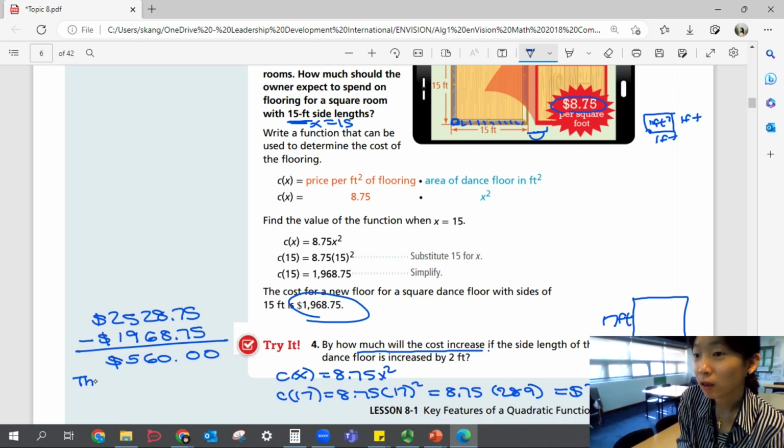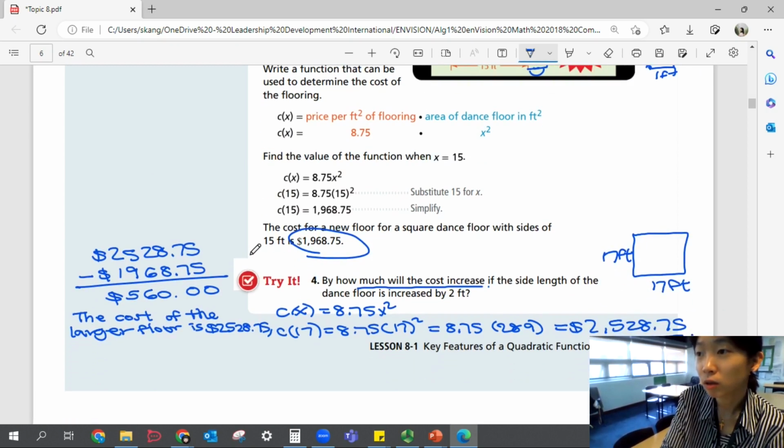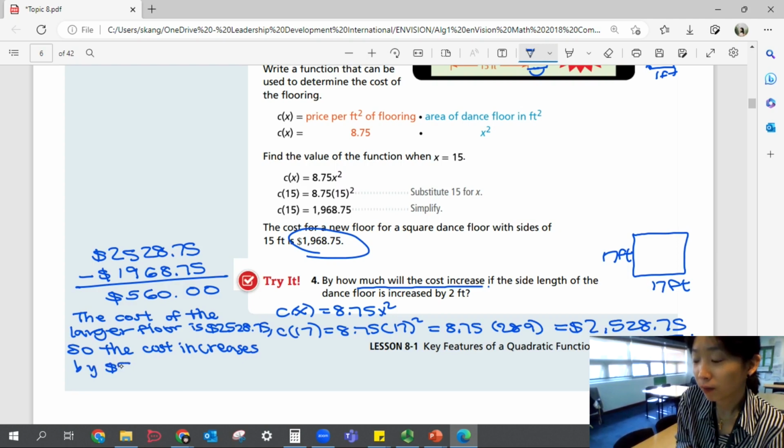So we can say the cost of the larger floor is $2,528.75. So the cost increases by $560, and that should be our final answer.